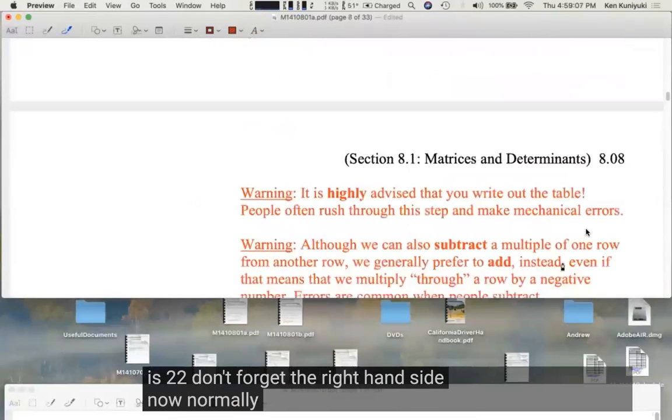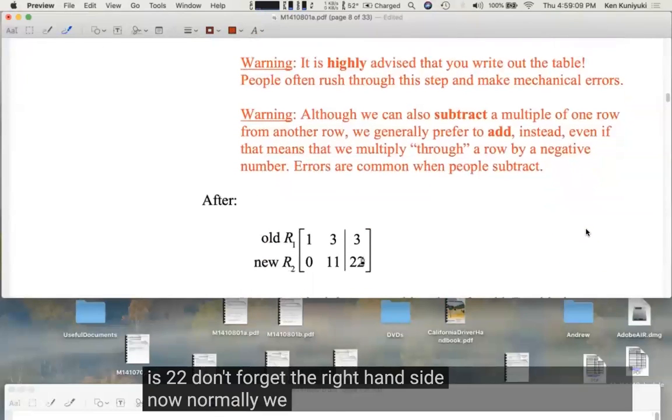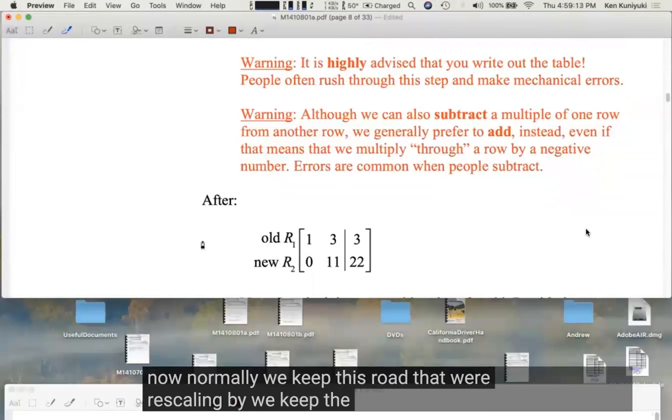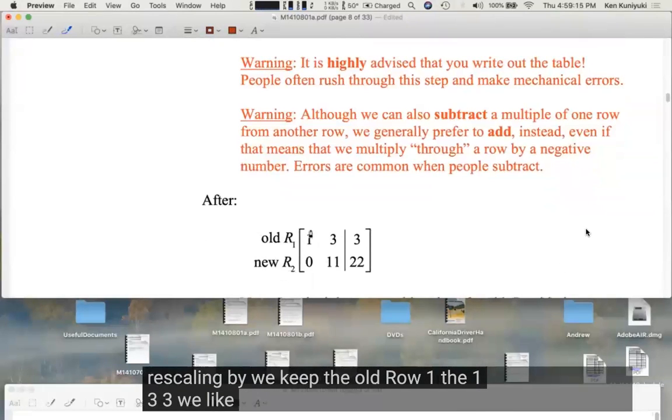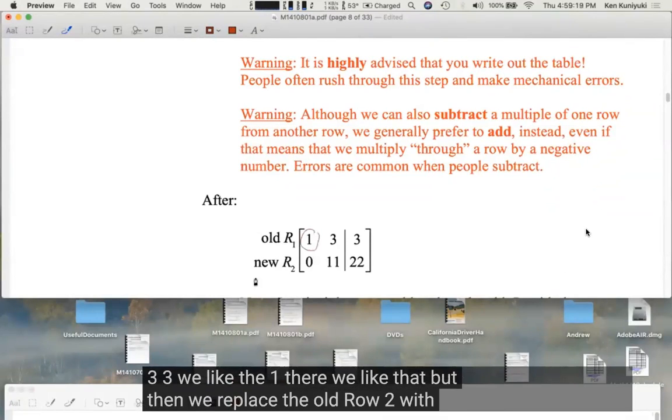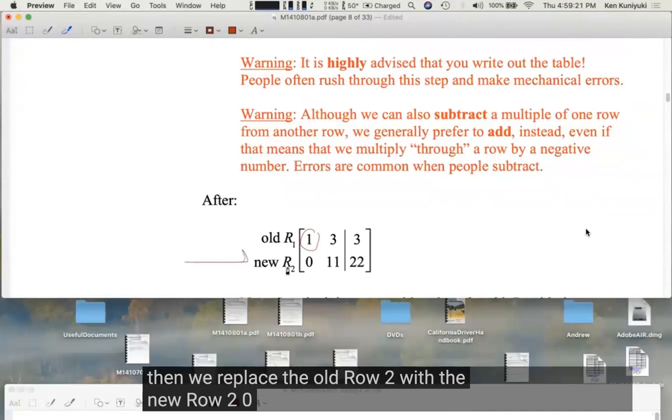Now, normally, we keep this row that we're rescaling by. We keep the old row 1, the 1, 3, 3. We like the 1 there. But then we replace the old row 2 with the new row 2, 0, 11, 22. And take a wild guess.